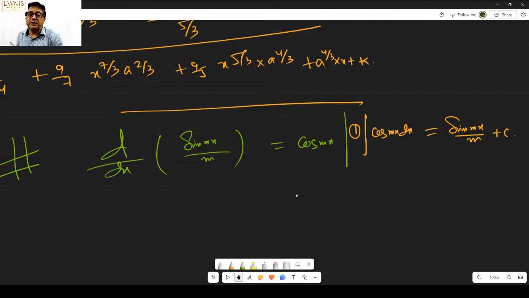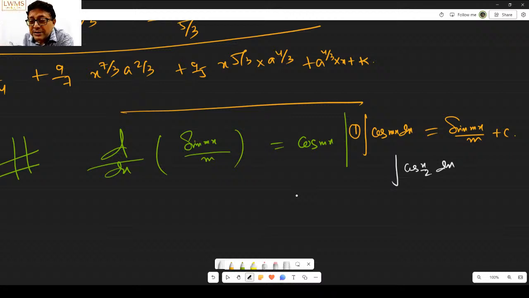There is no contradiction. Initially m was 1, that's why for the integration of cos x we have written sin x, sin x only, m is 1. But this time it is not 1, it may be 2, 3, half, 1/3. I will give you a short example here. Somebody is asked to integrate cos x by 2 dx. m need not be an integer, it may be a fraction.